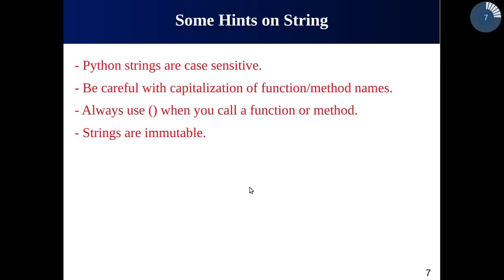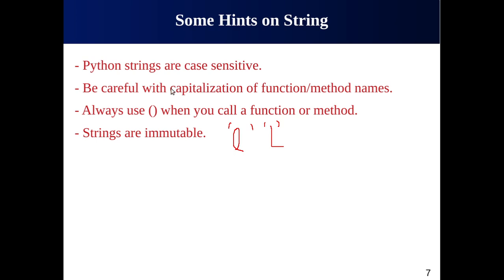Some hints for using strings. The first is that Python strings are case sensitive, and we are very much familiar that in Python the small l is not equivalent to the capital L, because one contains a lowercase letter and the other contains an uppercase letter. So if a string contains this l, that will not be equal to capital L because they are case sensitive.